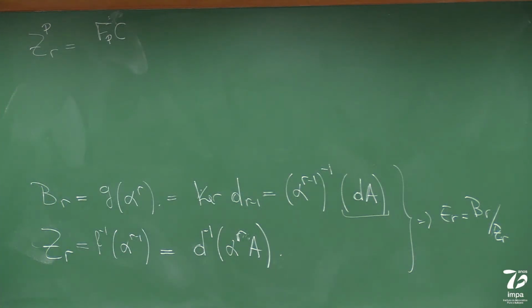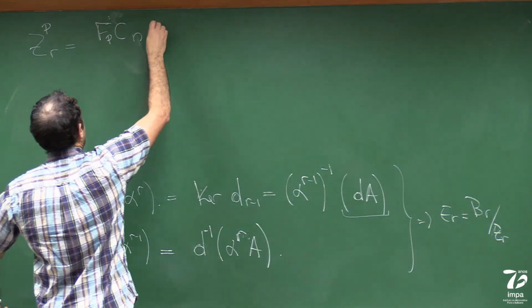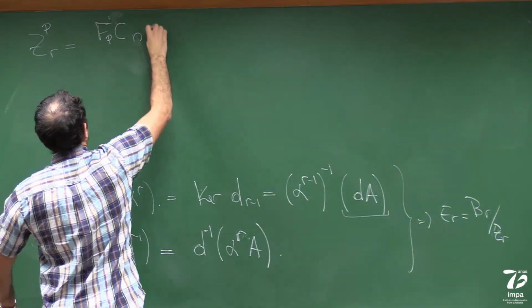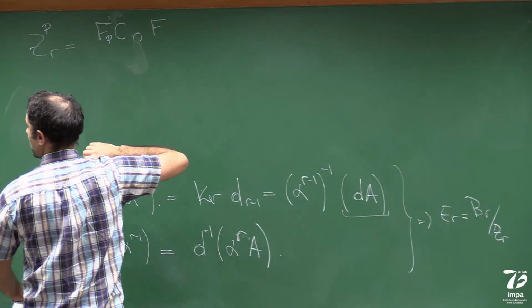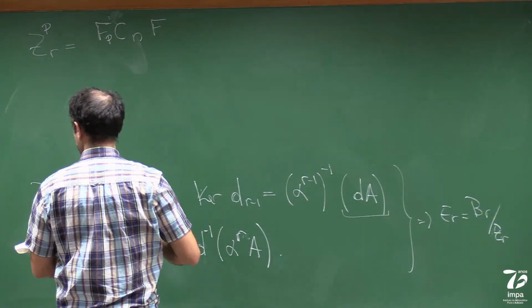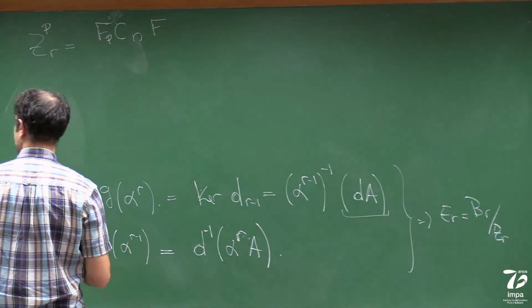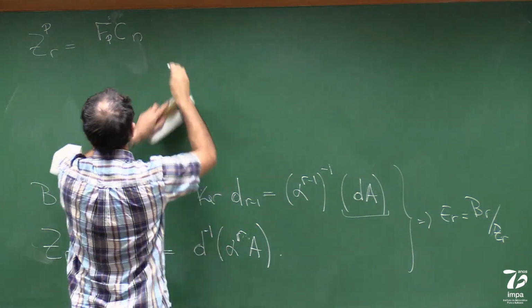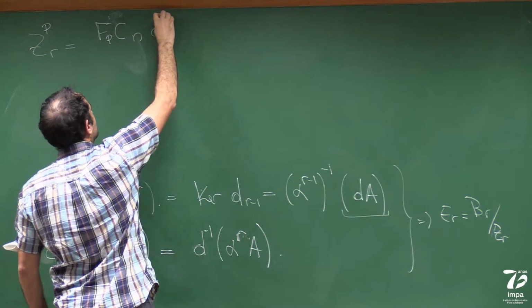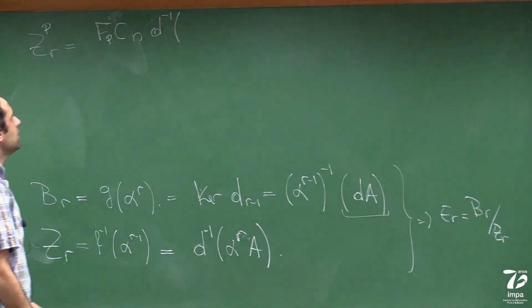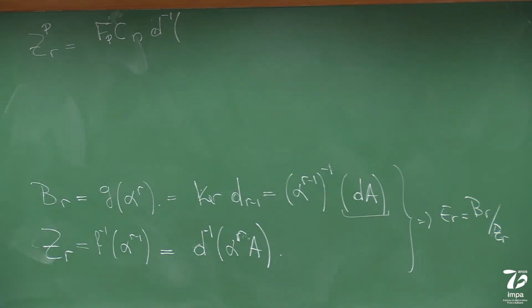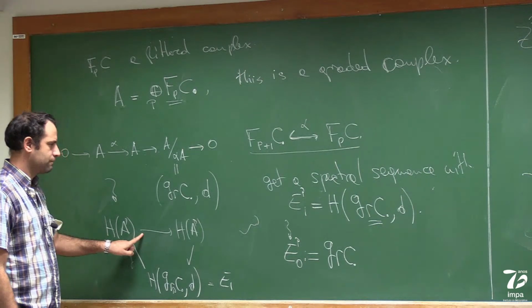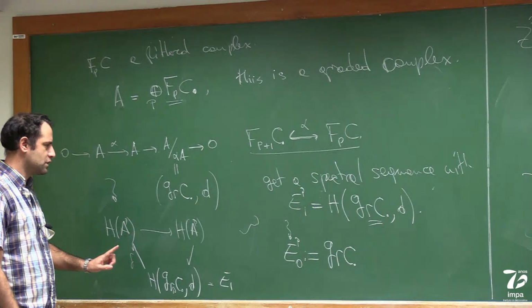But it also needs to be in the kernel of the differential. And the differential, oops, I need my alphas. Yeah. So it needs to be in the kernel of the differential, and the differential increases degree by r. How do I describe that?